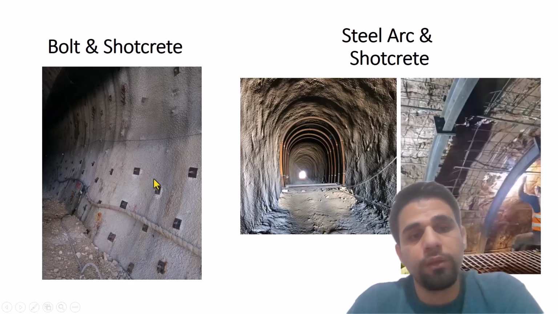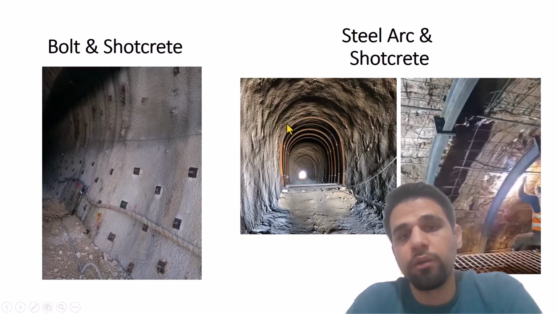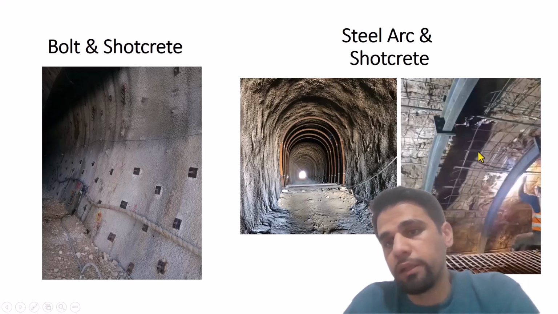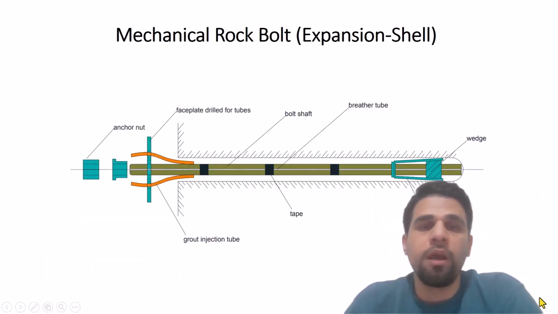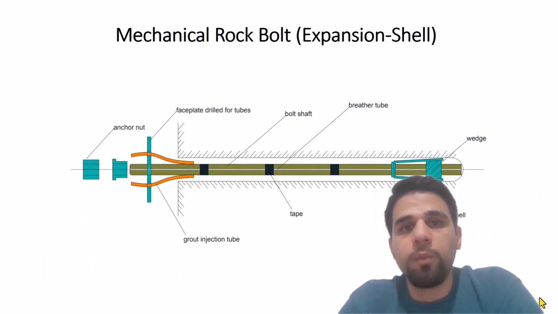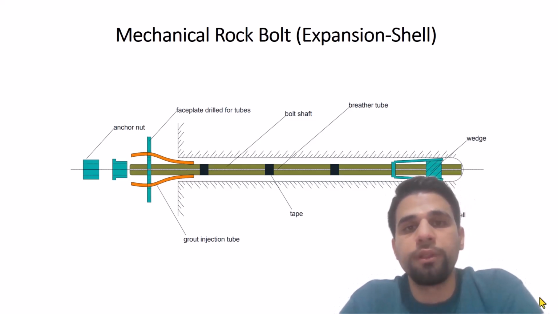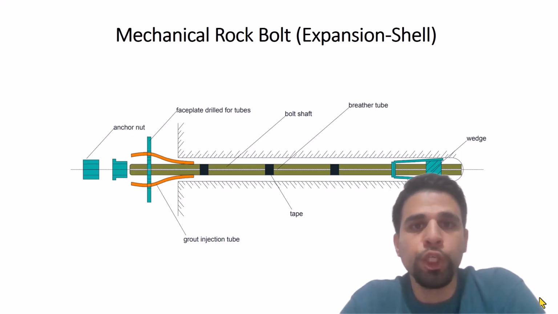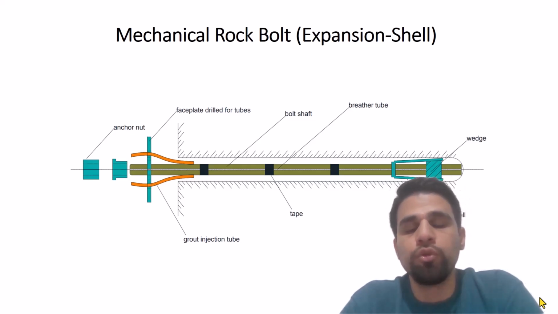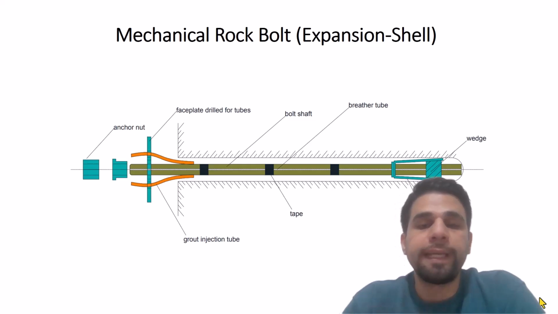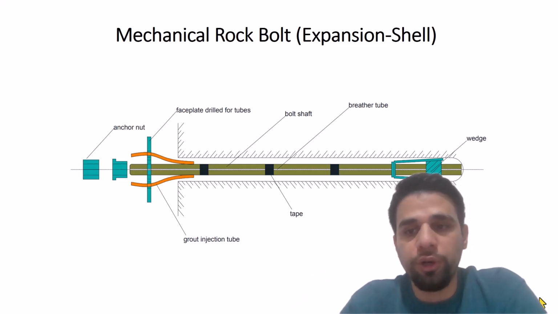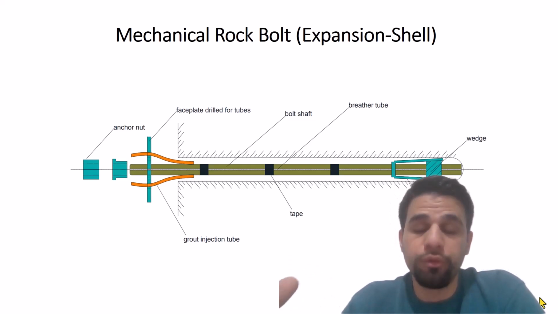In this slide, you can see some usual structures in underground mine tunnels: bolts with the shotcrete, steel arc with the shotcrete, and steel arc with meshing. I want to explain the rock bolts and cable bolts in the field of tunnel engineering to know the different procedures of these bolts.